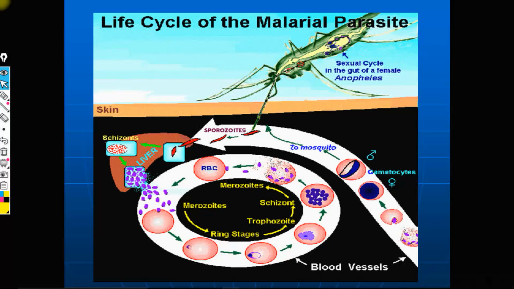If a single parasite of Plasmodium vivax is present in the blood, within 14 days there will be 250 million merozoites in the human body, in the blood circulation. This is not a small number.